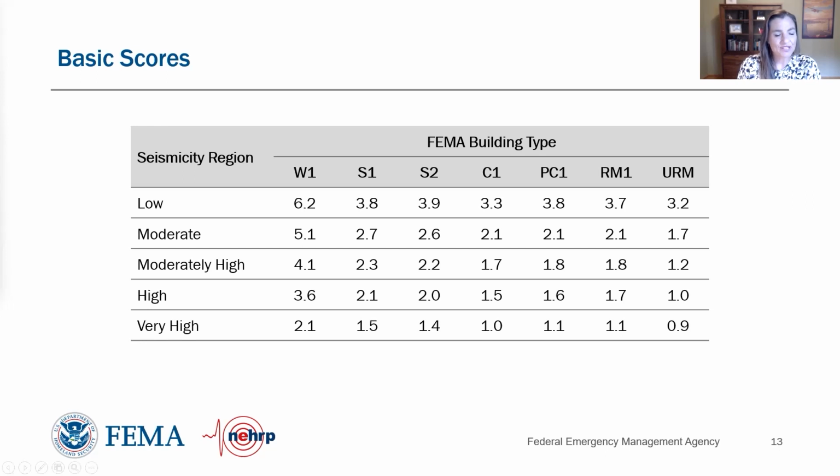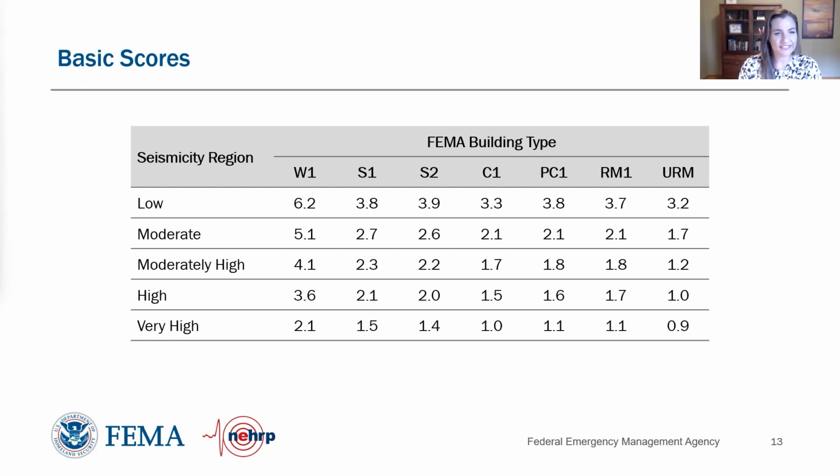First off, our basic score is higher for low seismicity than for higher seismicities. And that is because our basic score indicates probability of collapse. So the bigger the score gets, the less likely we are to collapse. And the bigger the earthquake gets, the more likely we have collapse. So higher seismicity is correlated with lower basic scores.